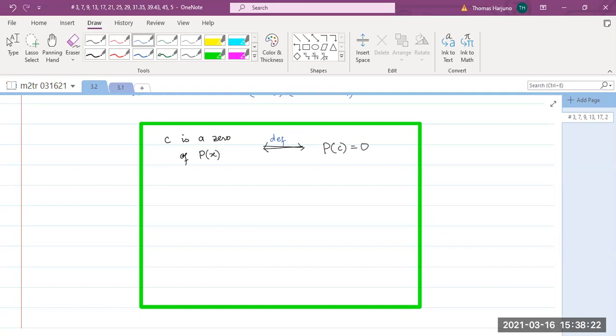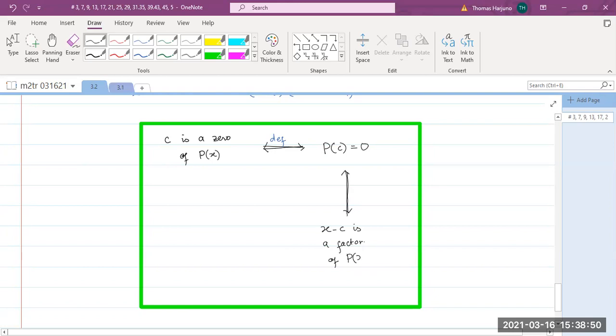Now, if p(c) equals 0, then according to the remainder theorem, to be more precise, the factor theorem, x minus c is a factor of that polynomial. That's by the factor theorem, remainder theorem.